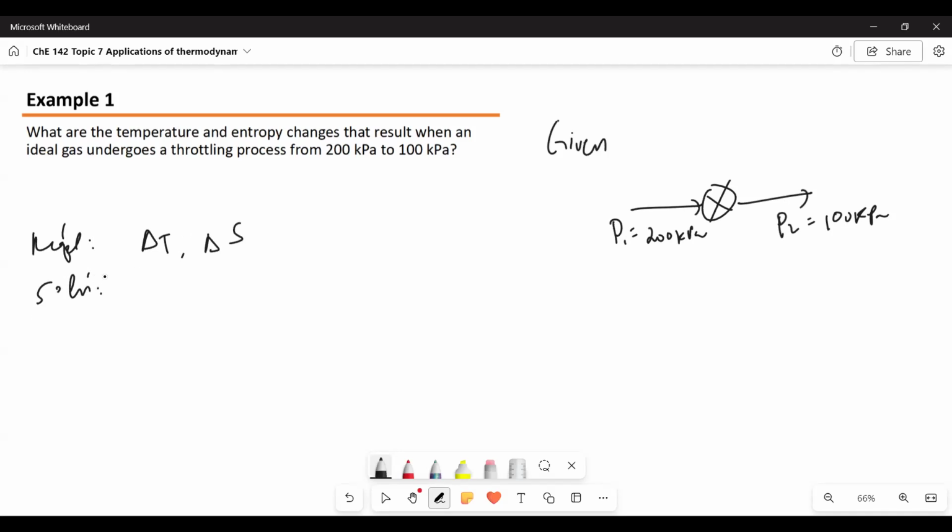For the solution, we begin with the balance for the throttling process. If you will remember, for the throttling process, we derived the resulting energy balance last meeting. Let me move to that slide.